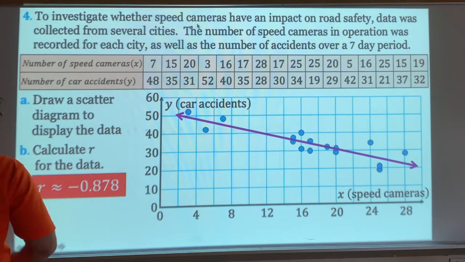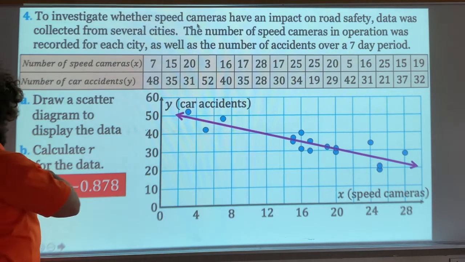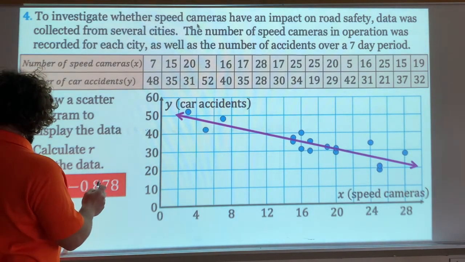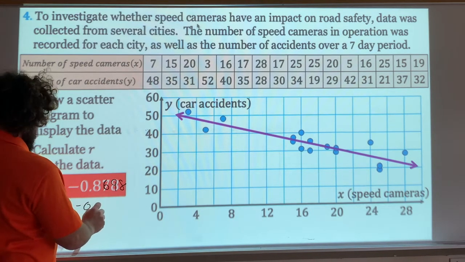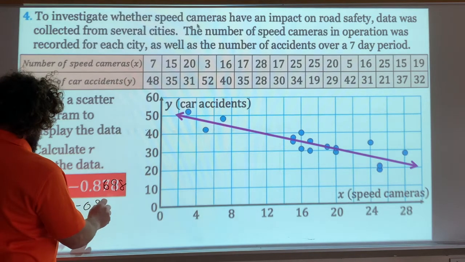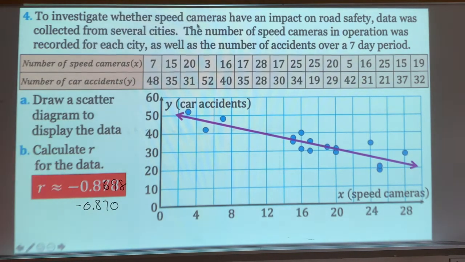I got negative 0.870. All right, I'm going to go with that. I think that is correct. We'll see though, right? One of you guys may have the other answer. Maybe I typed in the button wrong.